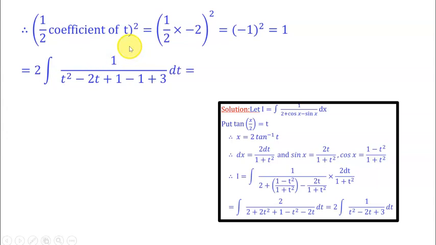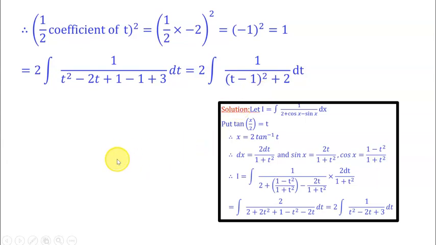That is 2 times the integral 1 upon t square minus 2t plus 1 minus 1, and there is a 3. After simplification, minus 1 plus 3, you will get 2. Therefore, 2 integral, now this t square minus 2t plus 1 is a perfect square of t minus 1, bracket square.